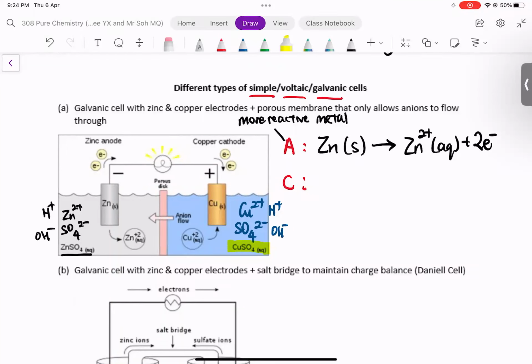So now you're going to decide for yourself. Is it going to be Cu2+ that's discharged or H+ that's discharged? Clearly, if you go by the electrochemical series, it's going to be Cu2+, because Cu2+ is lower in the electrochemical series. Okay? So Cu2+ is preferentially discharged.